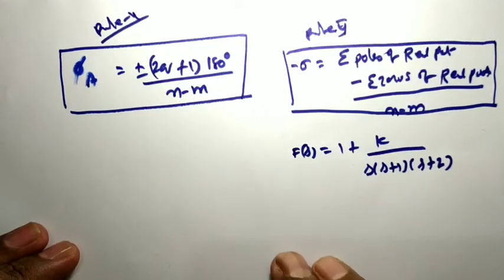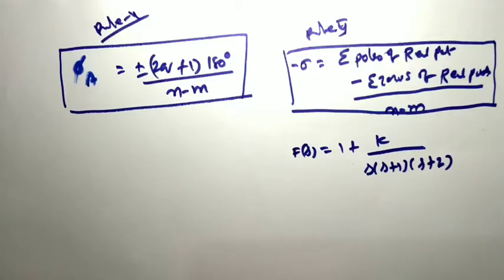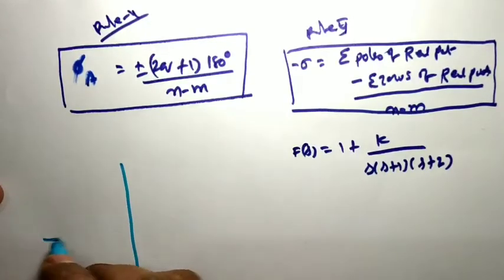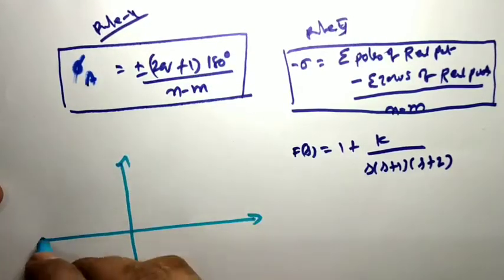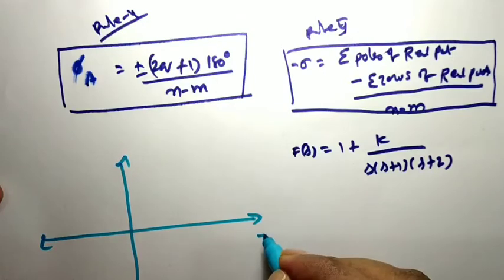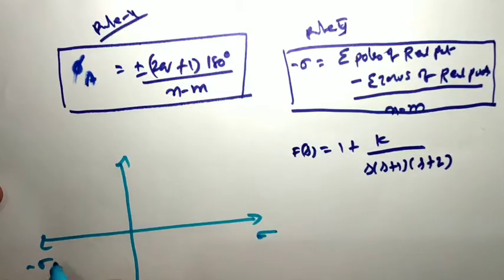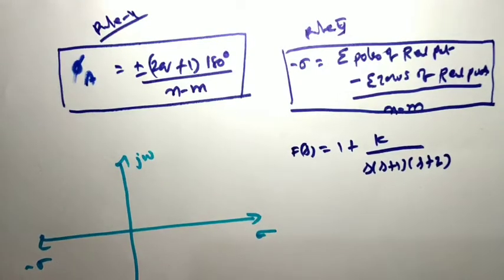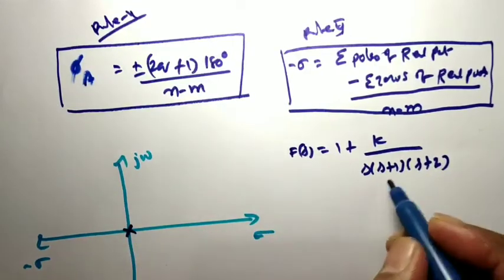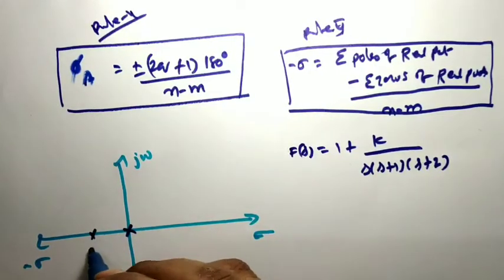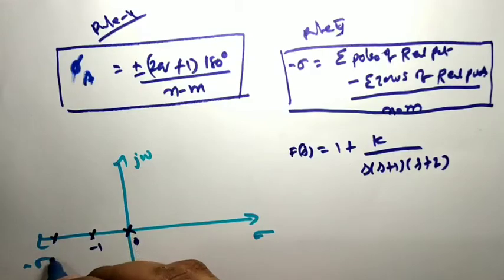So we draw the graph for this. Take the s plane, with sigma, minus sigma, plus j omega, minus j omega. I'm going to look at the poles here: s is equal to 0, s is equal to minus 1 and s is equal to minus 2.